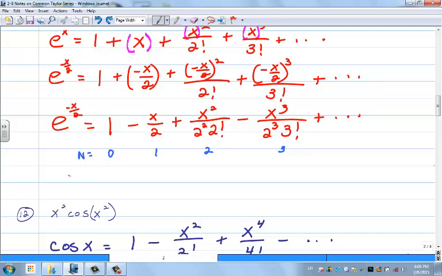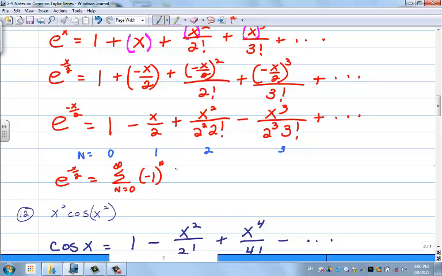So you're going to say e to the negative x over 2 is equal to, trying to generate the formula, the sum n equals 0 to infinity of negative 1 to the n power, because the first one is positive, and if we do negative 1 to the 0 we get positive 1, right?